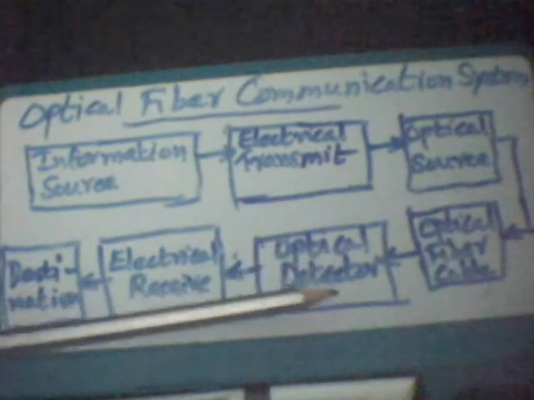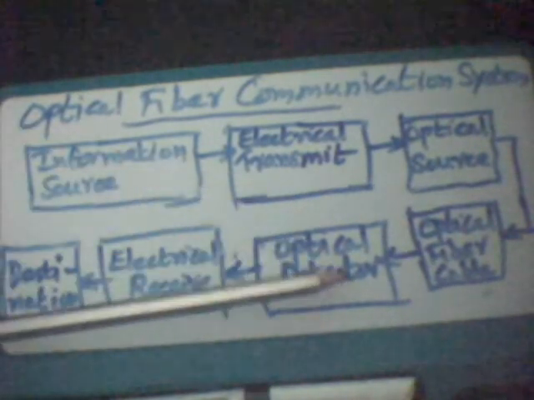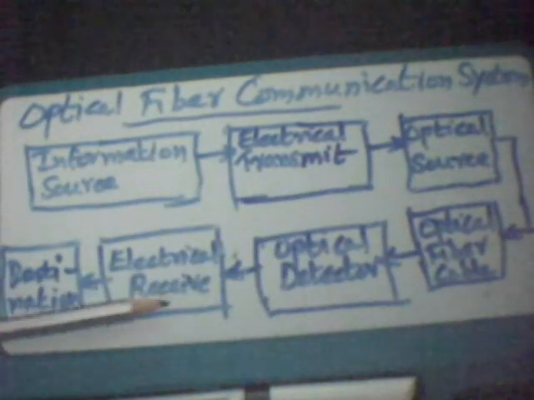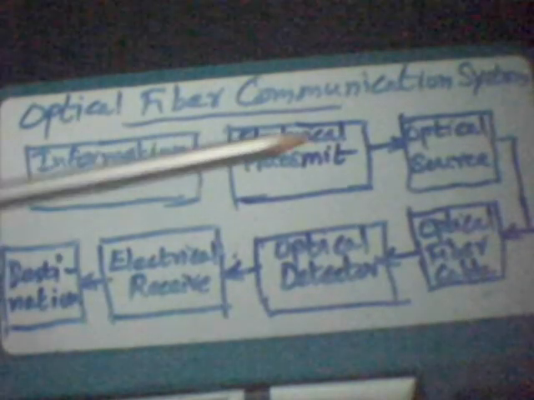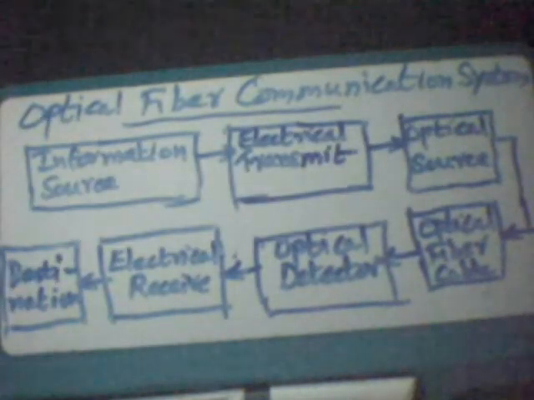At the optical detector, the optical signal is converted back to an electrical signal. This electrical signal is processed and it reaches the destination. Thus, there is a requirement for electrical interfacing at either end of the optical link, and at present the signal processing is performed electrically.